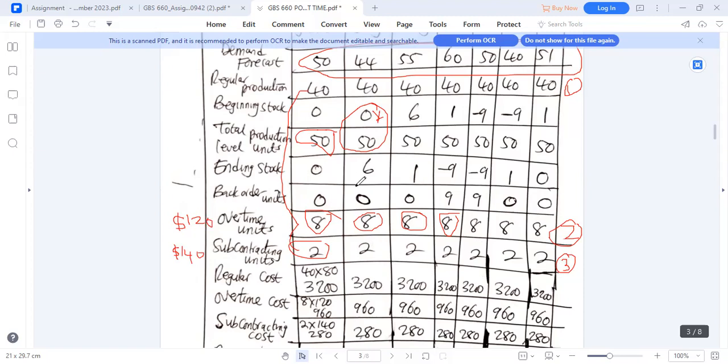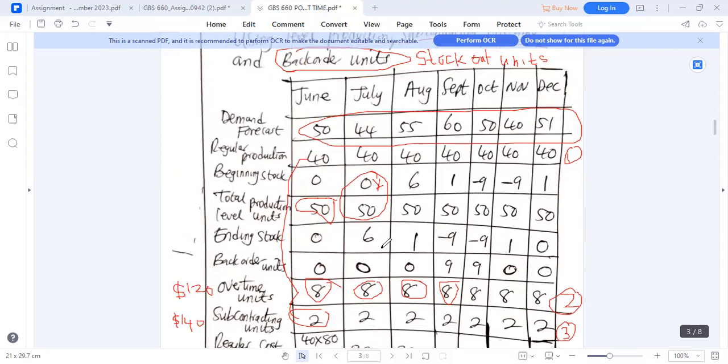Now, the ending stock is beginning stock plus production minus the demand. So after adding these two, minus the August demand, we have 1. This one is ending, which will be the beginning stock in September, plus the production of 50, minus the demand.